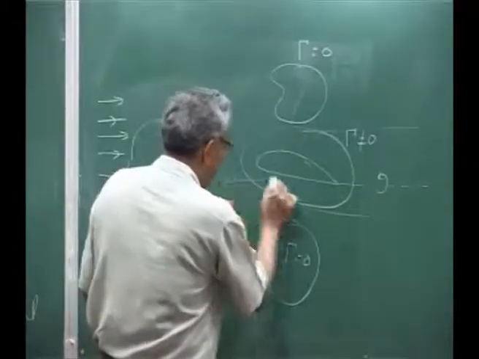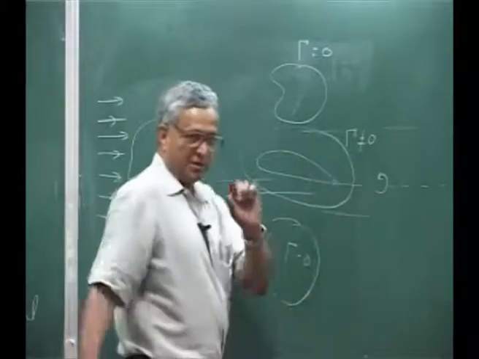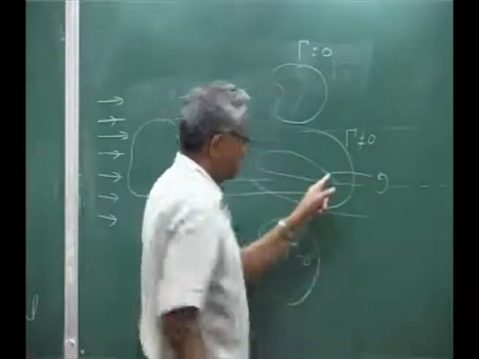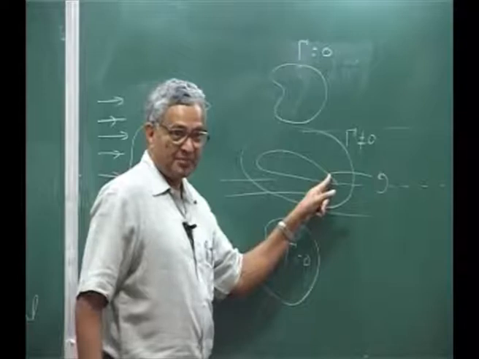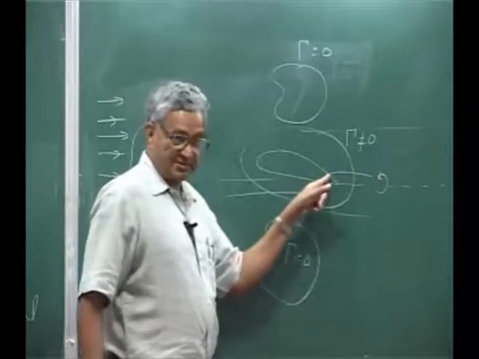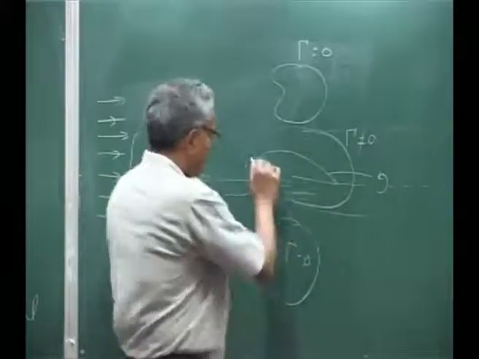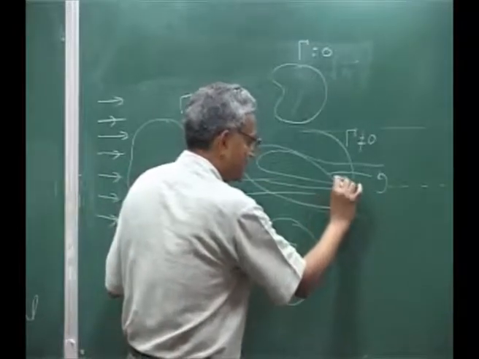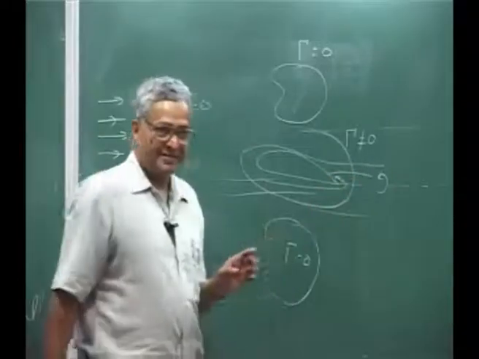What happens is the flow comes, the stagnation point initially, because it is at an angle of attack, will be here. That means the stagnation point is where the velocity is 0. The flow will come and then go. Here the flow has to come and then make a turn. Okay.